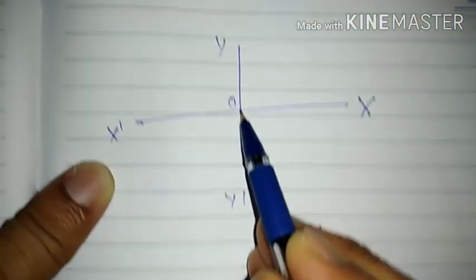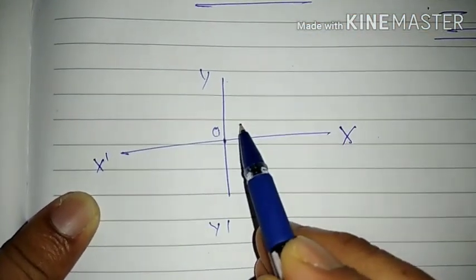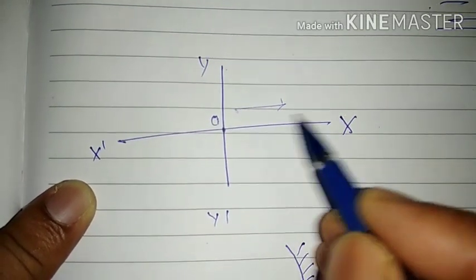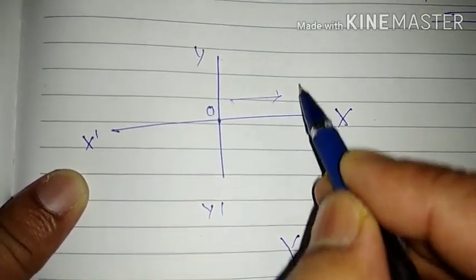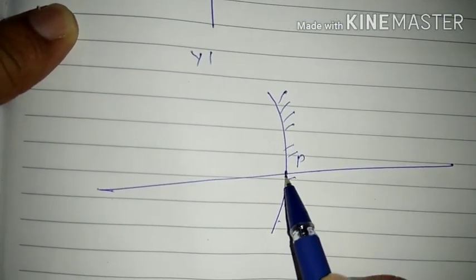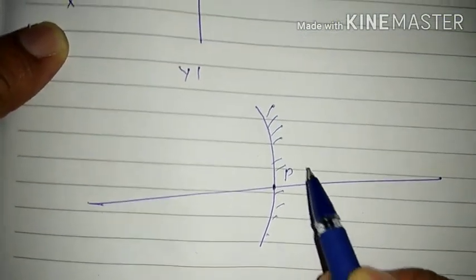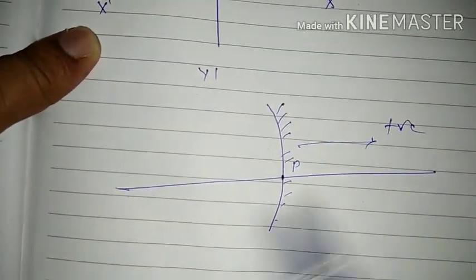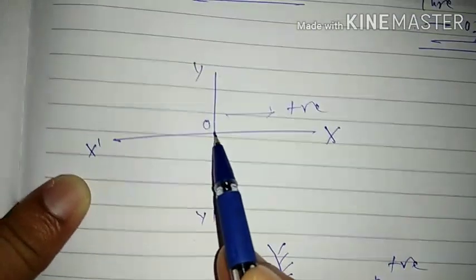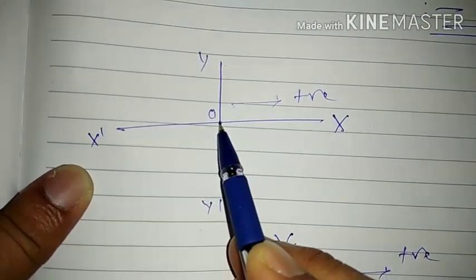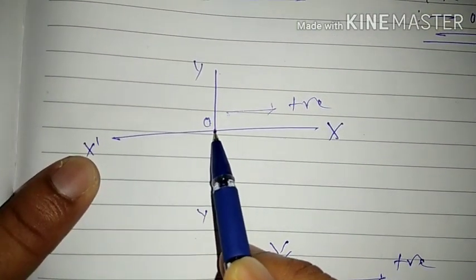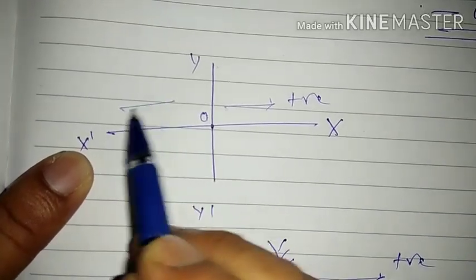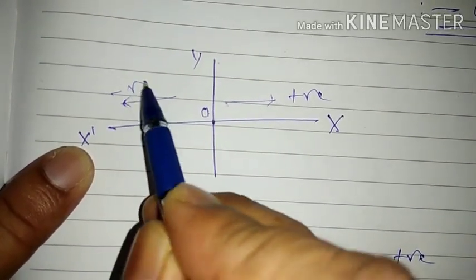As the distance parallel to the x-axis and right of the origin becomes positive, similarly all distances parallel to the principal axis and right of the pole will be positive. Again, the distances parallel to the x-axis and left of the origin become negative.